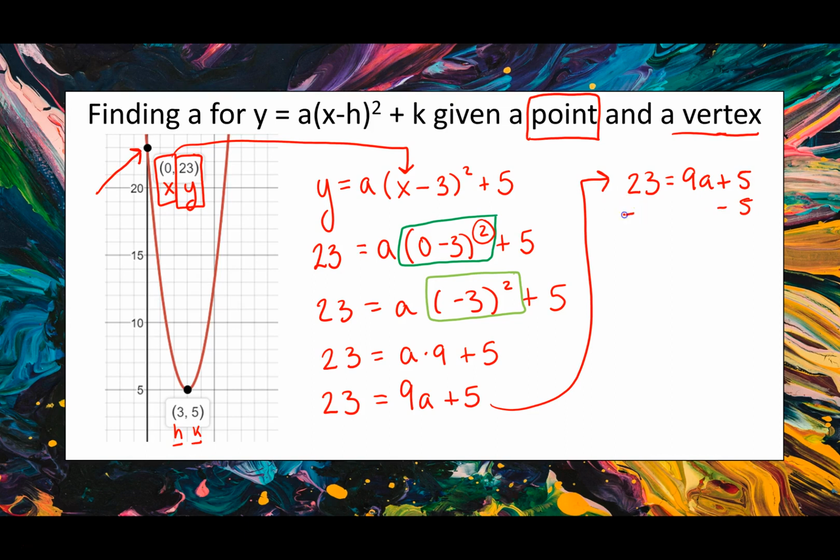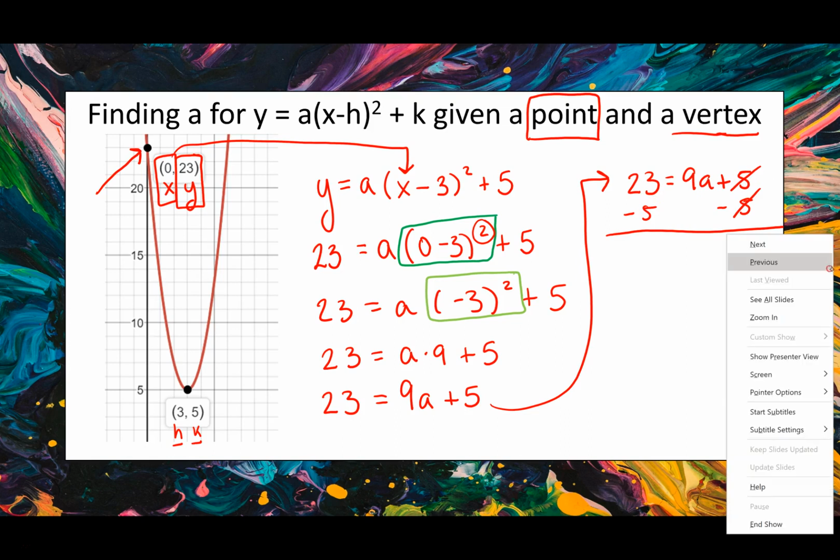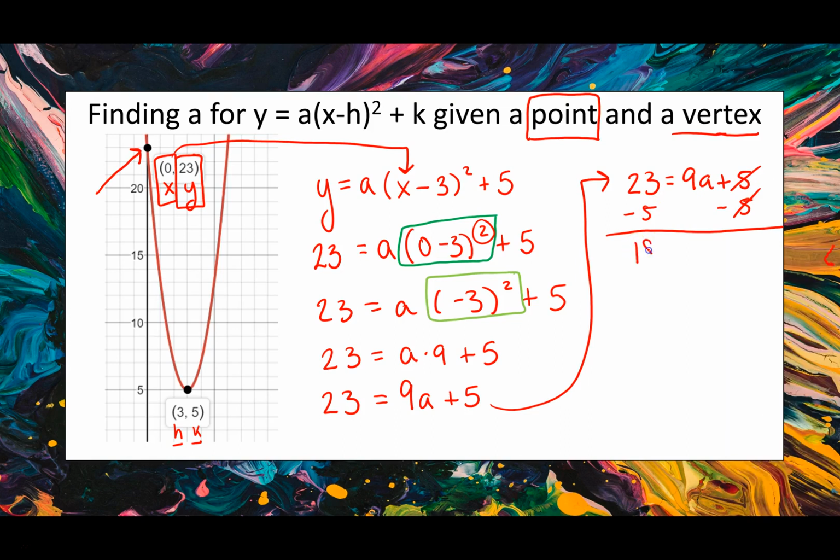We always know that we do the opposite of order of operations when we're solving. So 5 minus 5, that disappears. 23 minus 5 is 18. And drop down the 9A. Divide by 9, and we get our A is equal to 2.